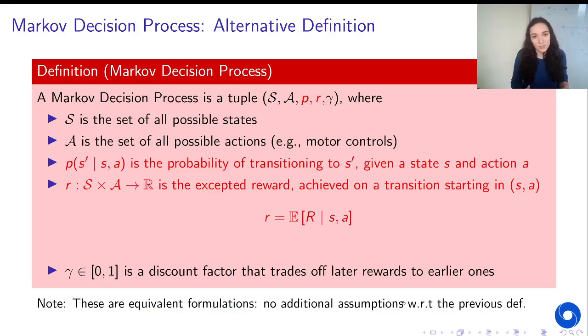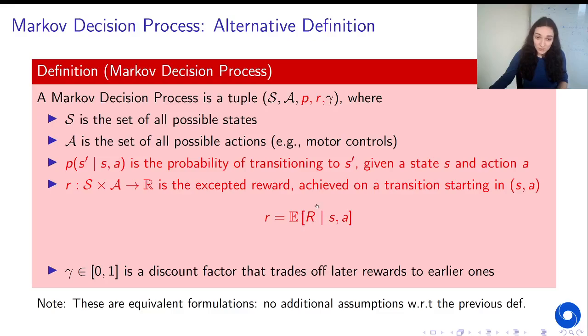So we're mentioning it here because most likely in a lot of the papers and other books, like Csaba Szepesvári's book, you will see a similar definition. The only difference here is that now the transition kernel is this marginalized transition kernel, which looks only at the probability over my next state, given that I've started in S and taken action A, and R, as given in the definition of this MDP, is the expected reward associated with that transition.